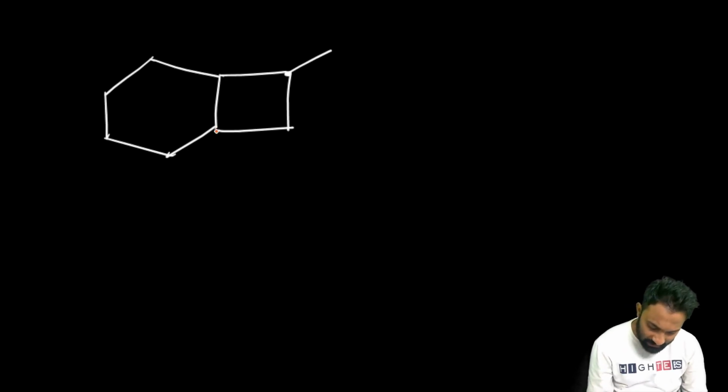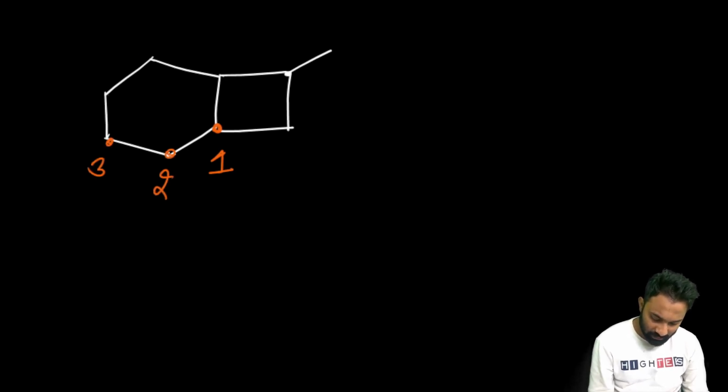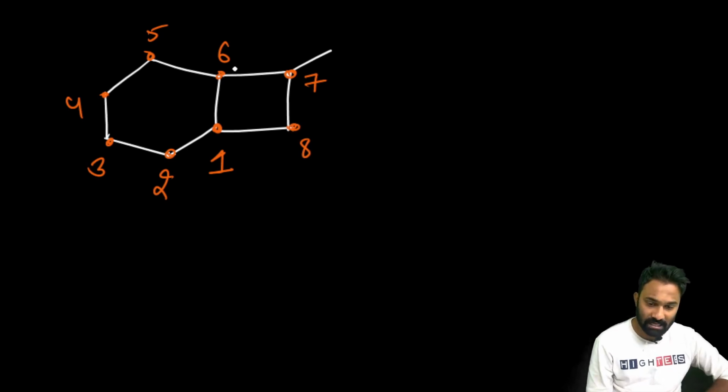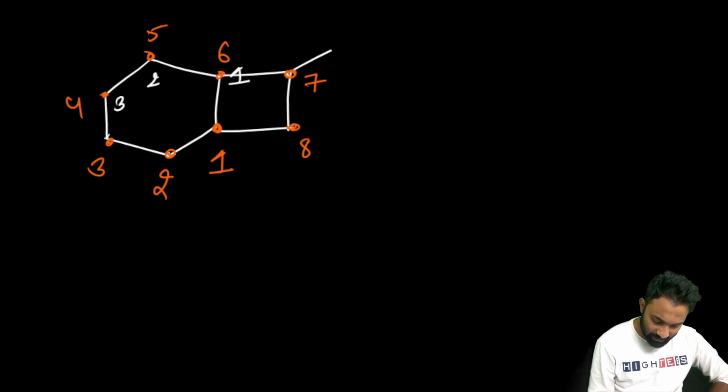See, if I select this bridged carbon as 1 and the longest carbon path is here, then it will be 2, 3, 4, 5, 6, the substituent is 7, and then 8. Okay. Then if I choose the numbering from this other bridged carbon as 1, then it is 1, here 2, here 3, here 4, 5, 6, 7, and this is 8.